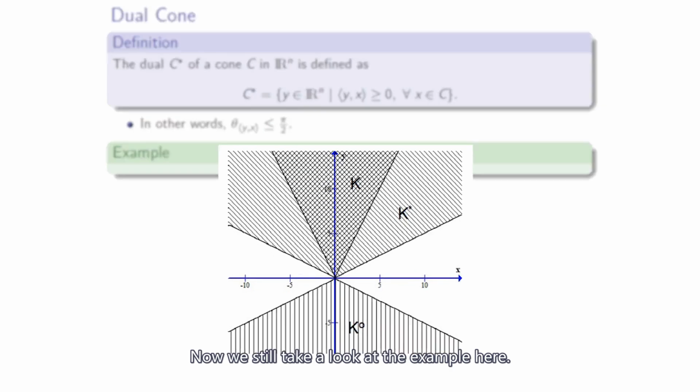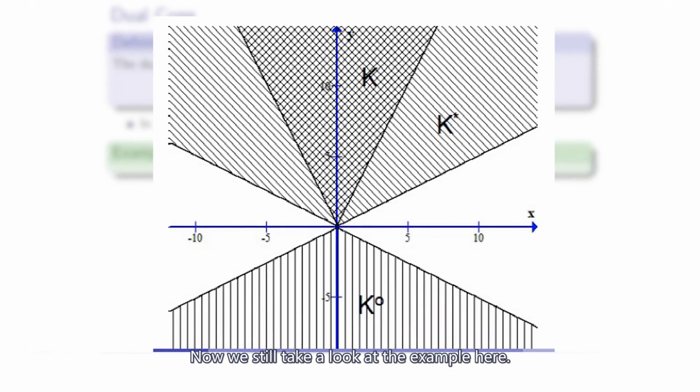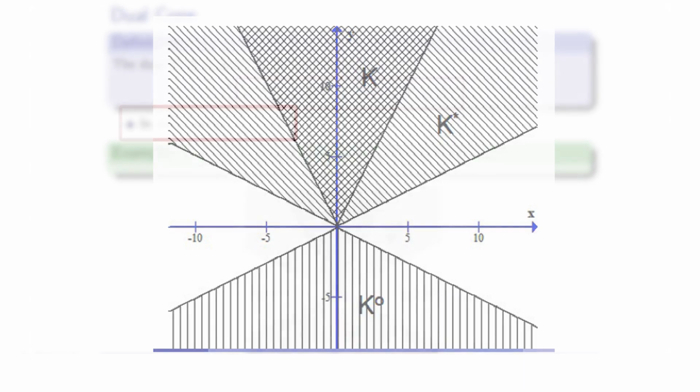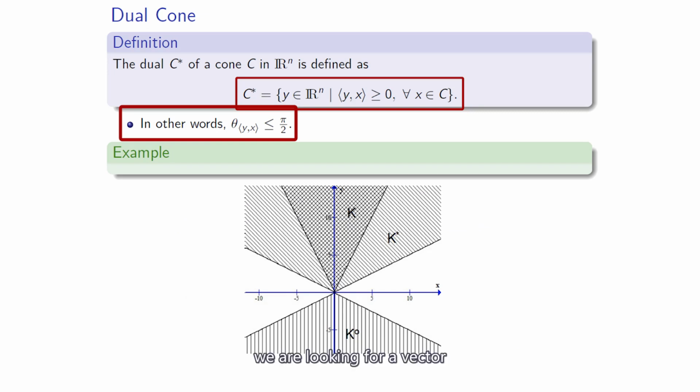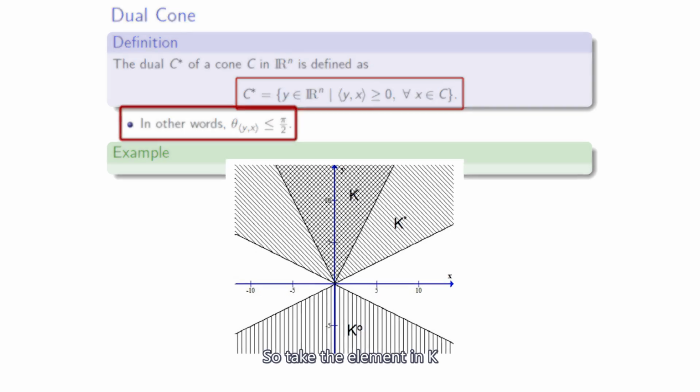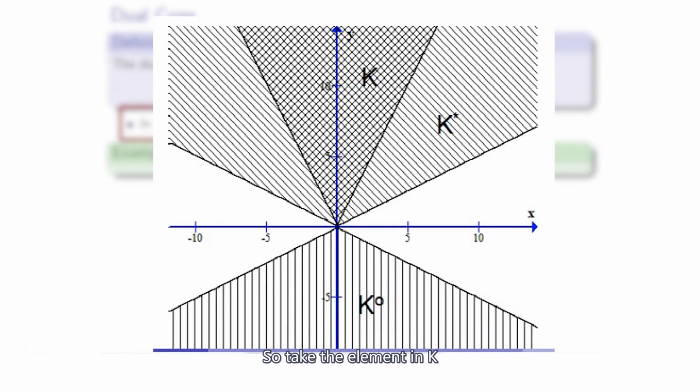Now we still take a look at an example here. We have K, a cone in this dark area, and we try to find out the dual cone. For the dual cone, we are looking for a vector whose angle is smaller than or equal to half pi. Take the element in K as this vector here, then you get a vector here.